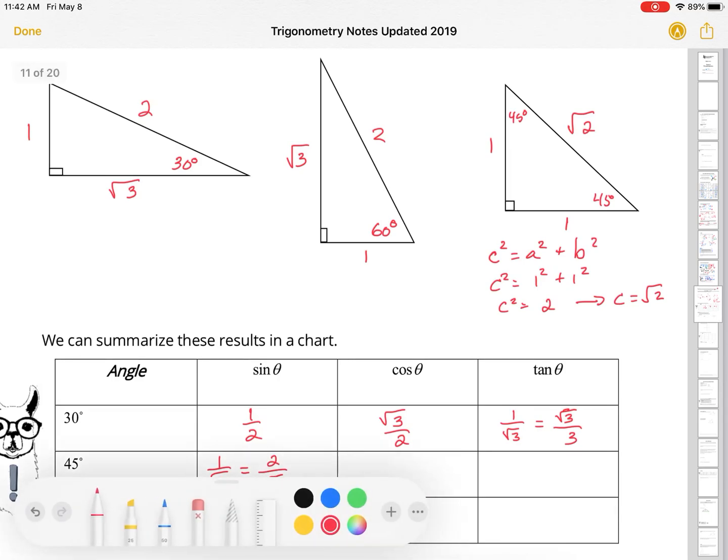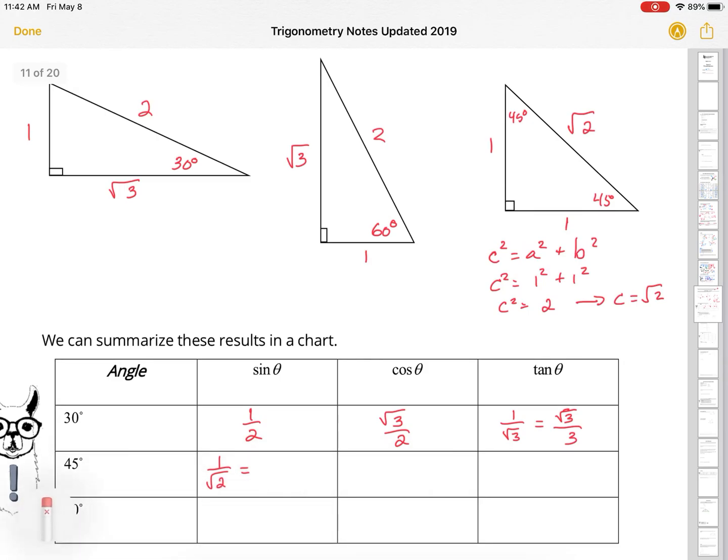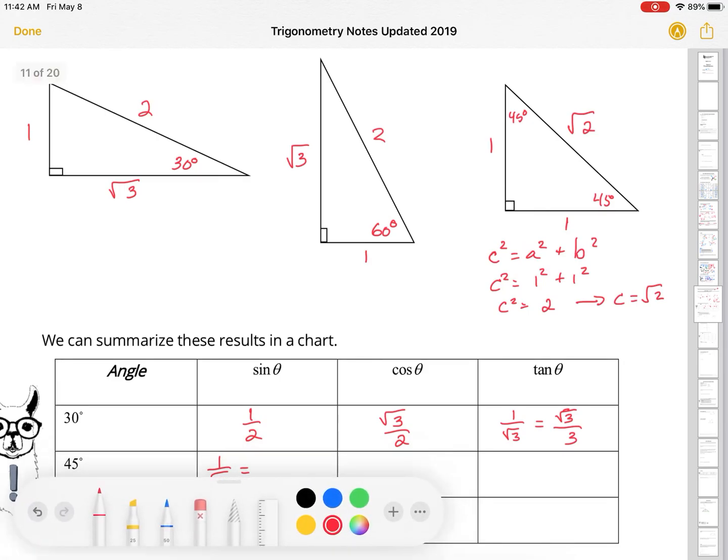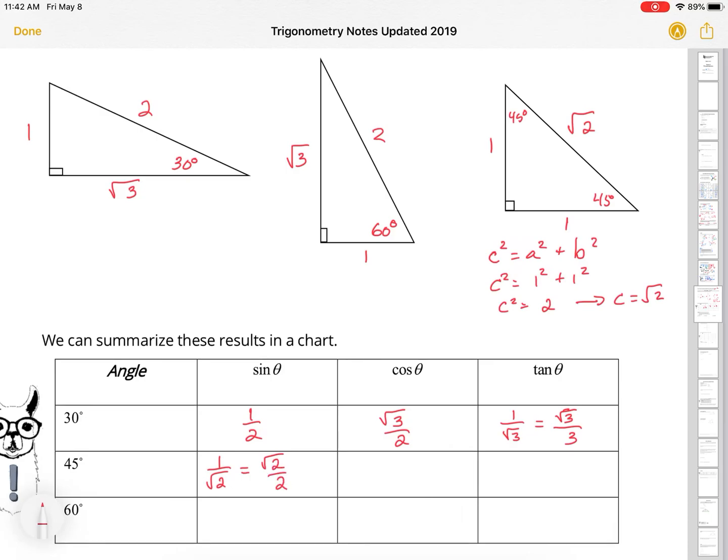For sine of 45, it's 1 over root 2, but again, we want to write that as root 2 over 2 because we do not want a radical in the denominator. Cos of 45 is the same thing, 1 over root 2, which is equal to root 2 over 2 by rationalizing the denominator.